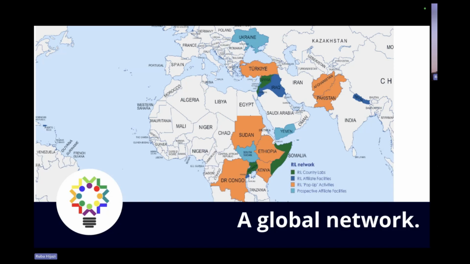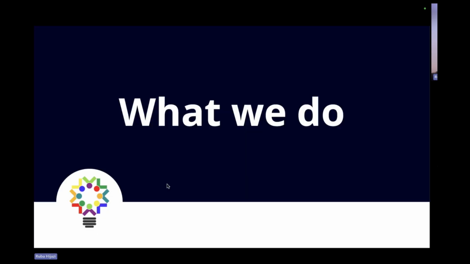Our first Response Innovation Lab started in Nepal, and we also have a small lab in Puerto Rico. So we are working in different locations around the world. We are part of a global network, and we are trying to support any crisis by connecting the humanitarian sector with innovations and solutions.